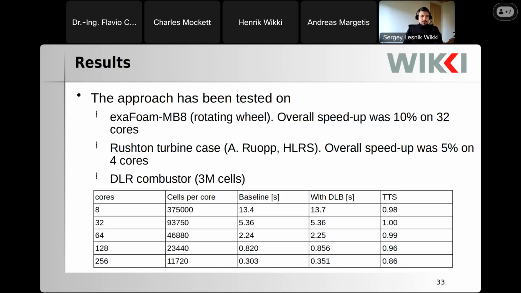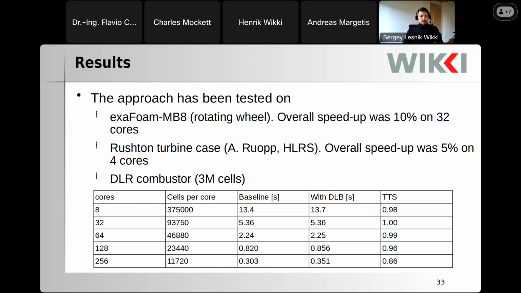So we went to the DLR Combustor with a 3 million cell case, which is representative for the large ones, but on a much smaller core count. And the results as they stand are a little bit disappointing. On small core counts, we get something like break even, so DLB and baseline are about the same.